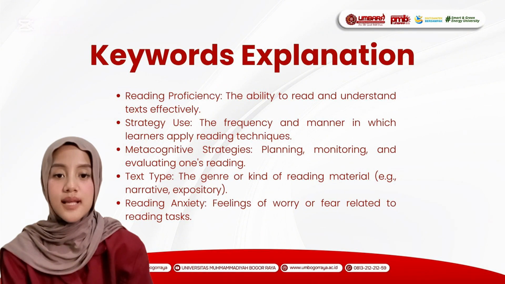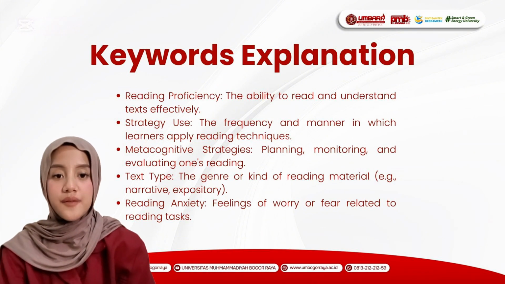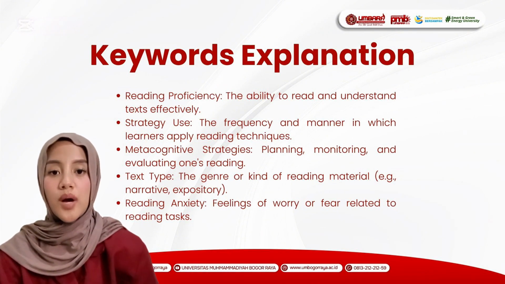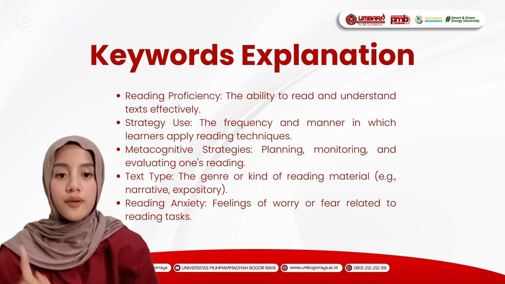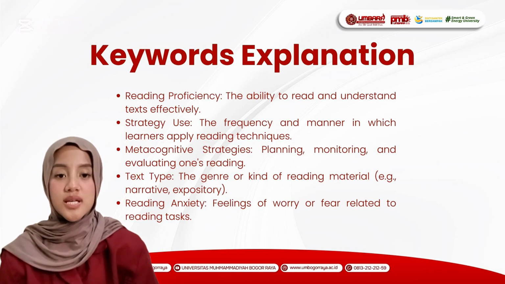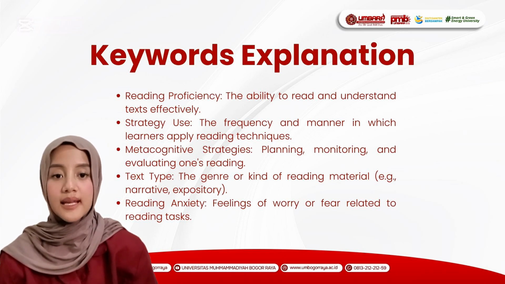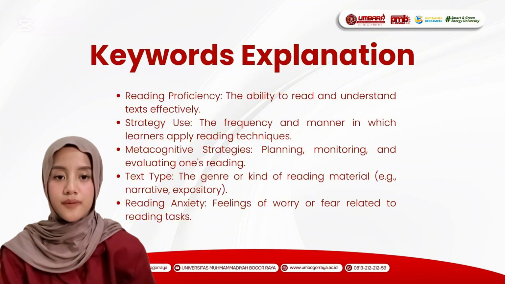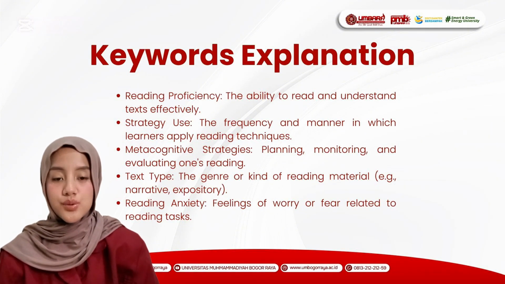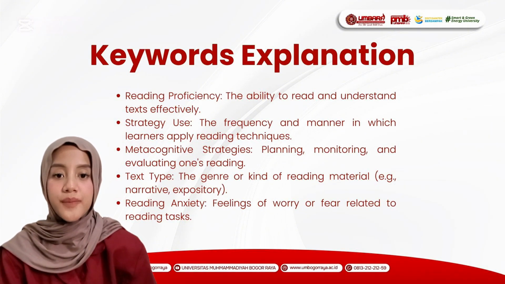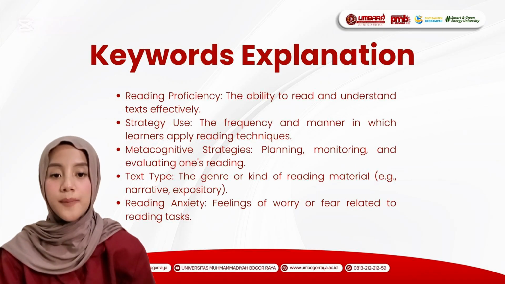Next, keywords explanation. Several keywords we need to understand are reading proficiency, which is the ability to read and comprehend text effectively. Strategy use refers to the frequency and manner in which learners apply reading techniques.